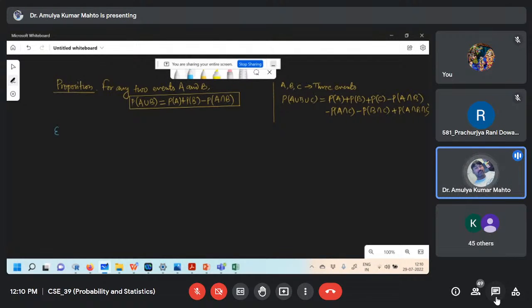So the problem is like this: a computer consulting firm presently has bids out on 3 projects.